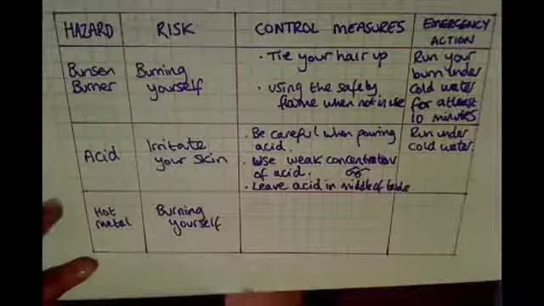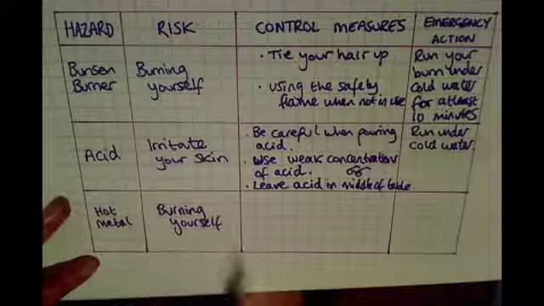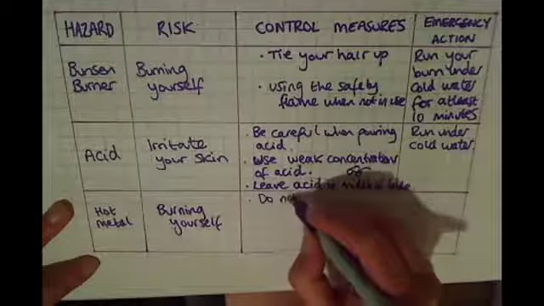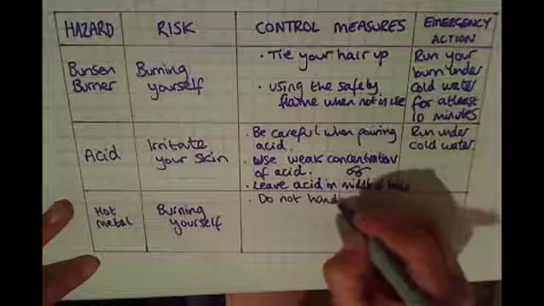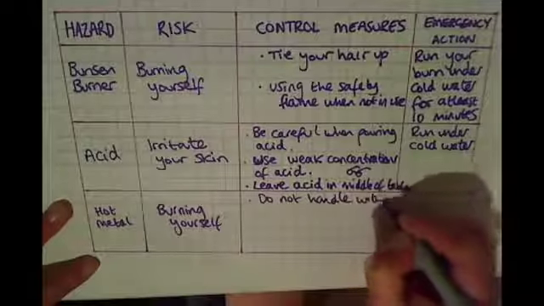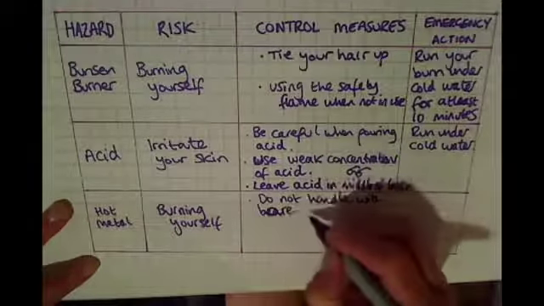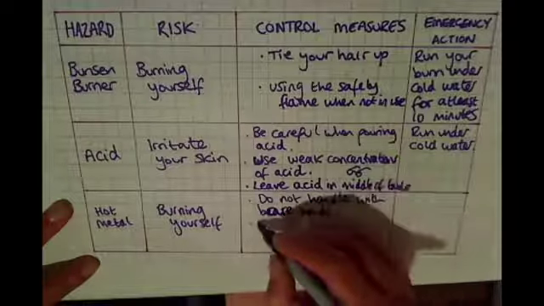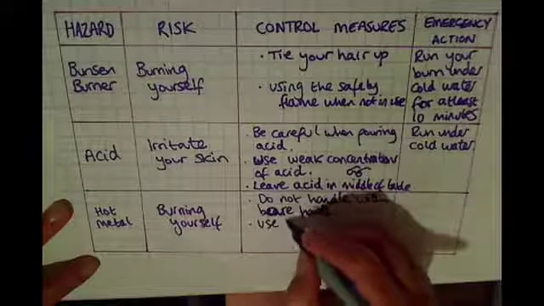And for hot metal, you might think about the equipment that you'd use to handle that metal. So we would say, do not handle with bare hands. And we would put use tongs to handle.